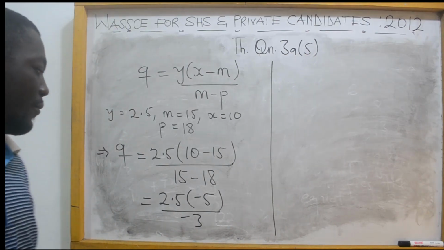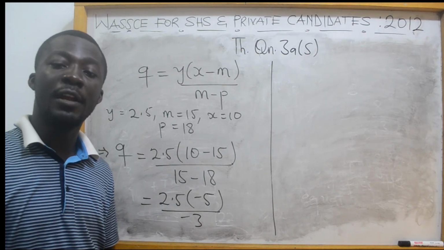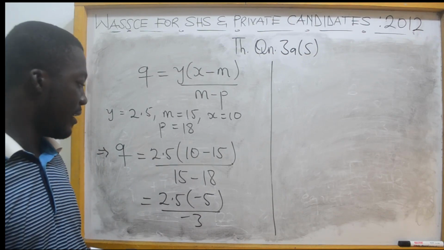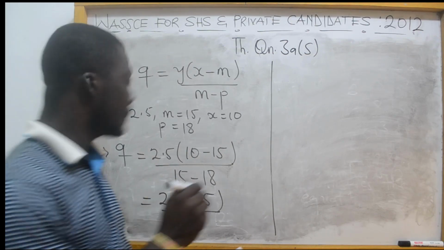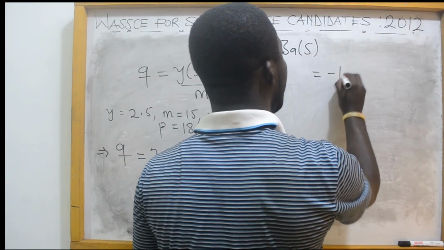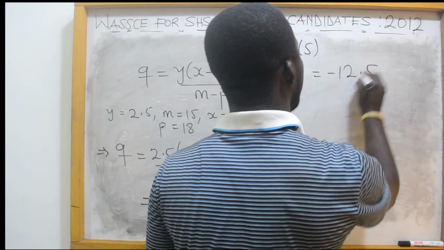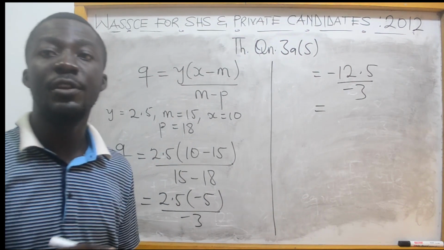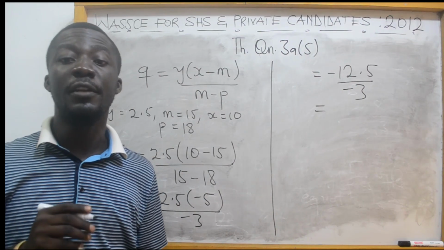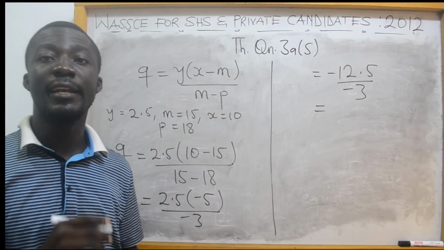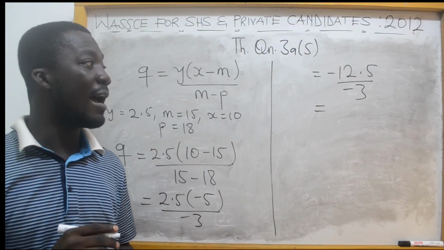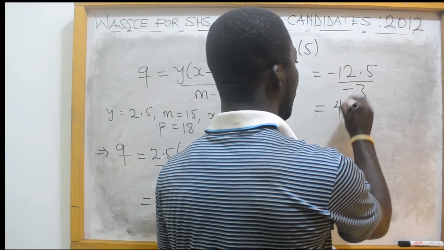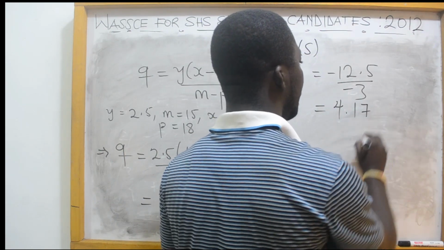So to continue, we multiply 2.5 by negative 5 and we will get negative 12.5 divided by negative 3. And when you divide negative 12.5 by negative 3, you are going to get 4.17.